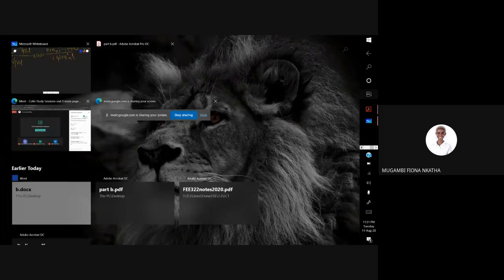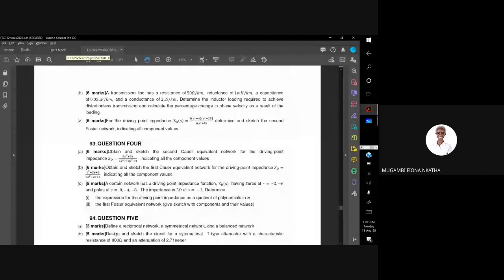So the question was to determine the inductor loading required to achieve distortionless transmission X, and we found X as 1.249 millihenry, and calculate the percentage change in phase velocity as a result of the loading.